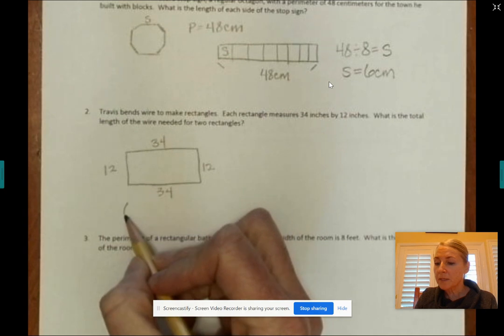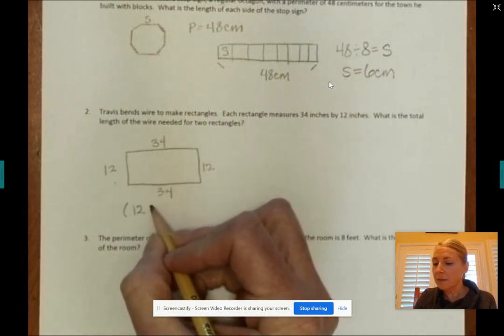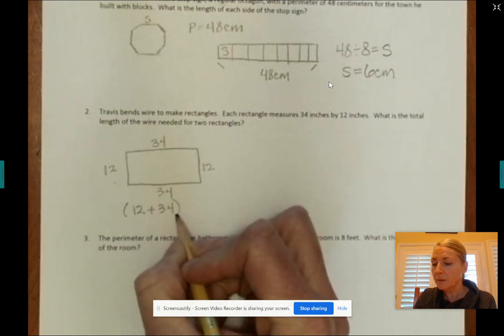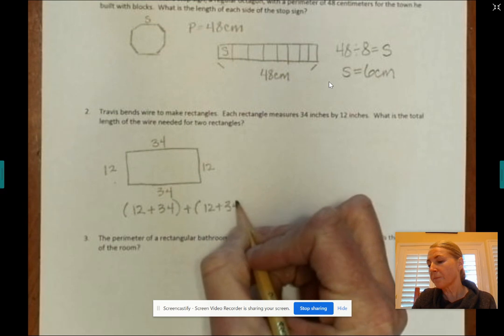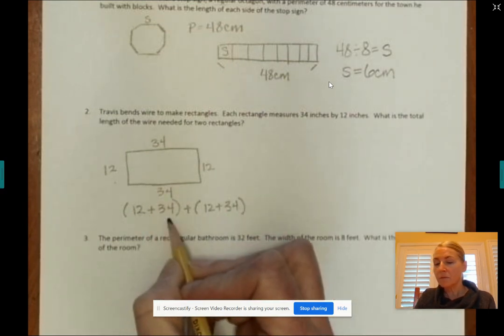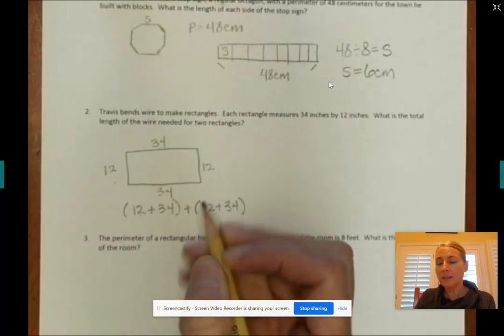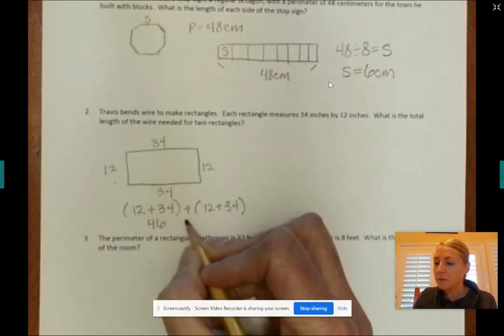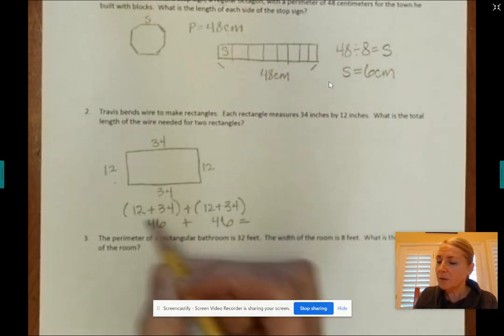If I were going to add this up, I could put my 2 side lengths together, plus another 12 plus 34. A 12 plus a 34, I know it doesn't require regrouping, so I have 46. So I'll have a 46 plus a 46, which would require regrouping.